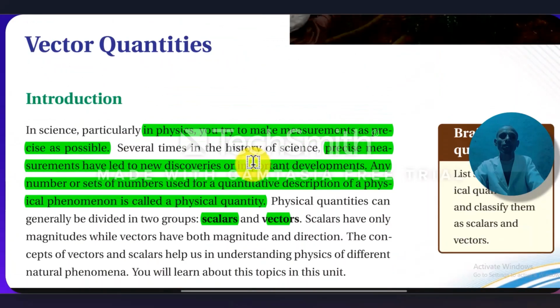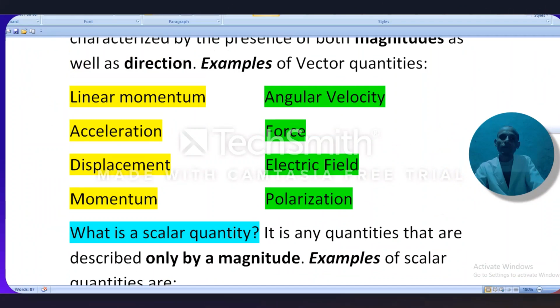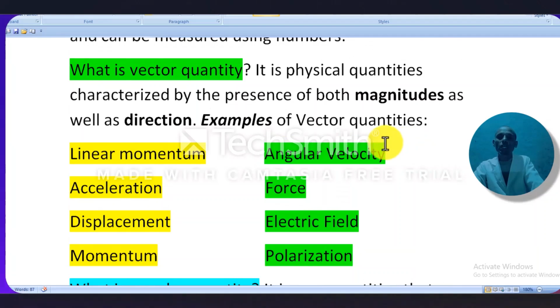In general, today we're discussing physical measurables. Physical measurables are divided into two subcategories. The first one is scalar quantity and the second one is vector quantity. What is a vector quantity and what is a scalar quantity? Clearly, it is defined here. A vector quantity is a physical quantity characterized by the presence of both magnitude as well as direction.